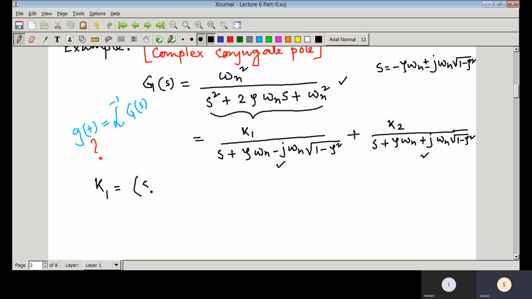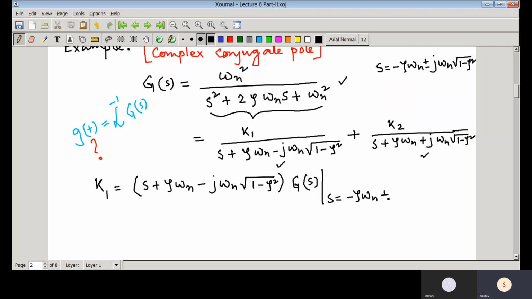That means the factor is s plus zeta omega n minus j omega n square root of 1 minus zeta square. So this is that factor into G(s), and you need to find it at s equal to minus zeta omega n.